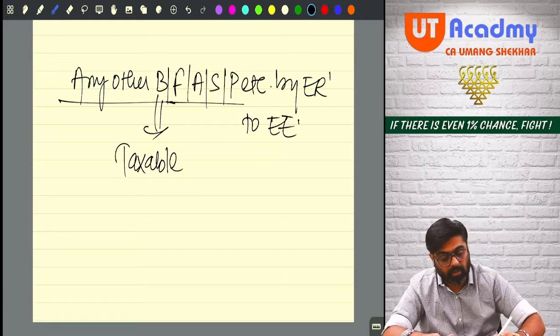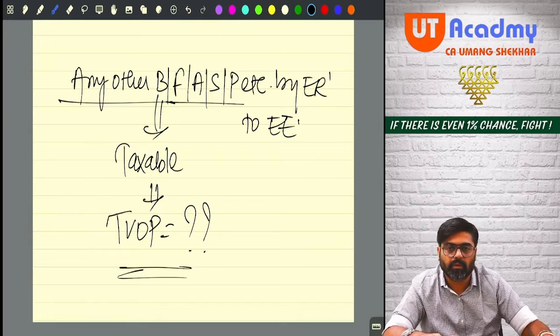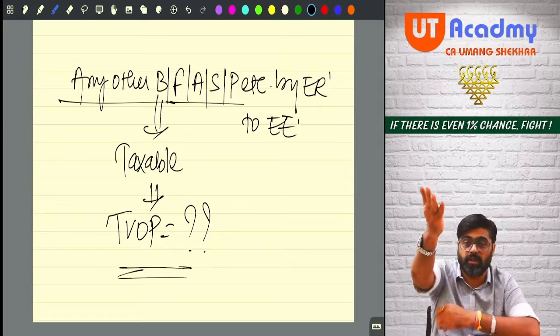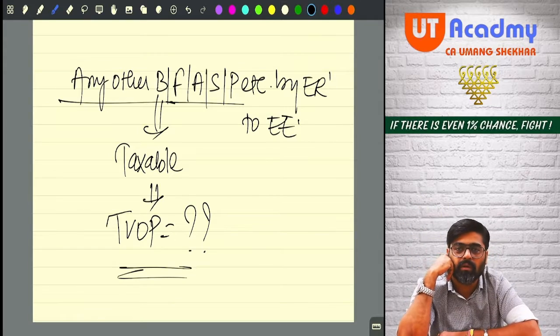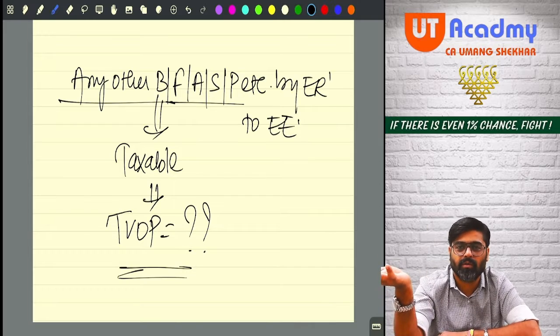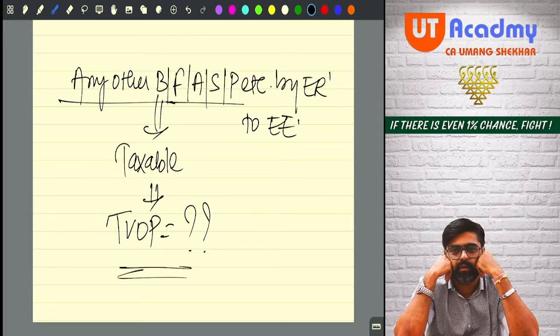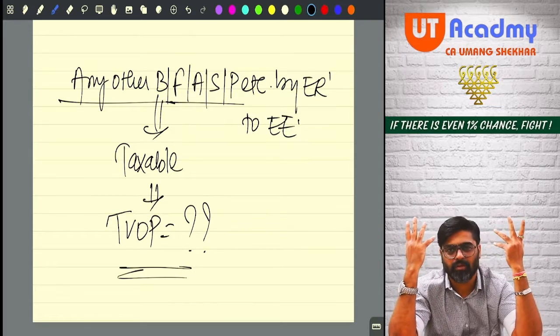Yes or no? But what will be the taxable value? Come on, tell me. The amount actually spent by the employer for this benefit, facility, etc. will be your benefit only, no? Minus the amount recovered from you. Whatever balance remains will be taxable. So we don't have to apply extreme logics to get the answer.